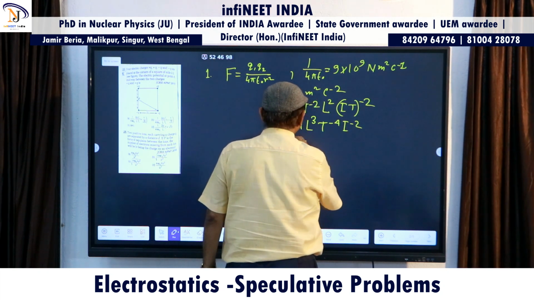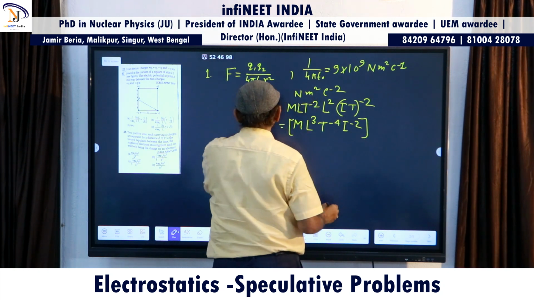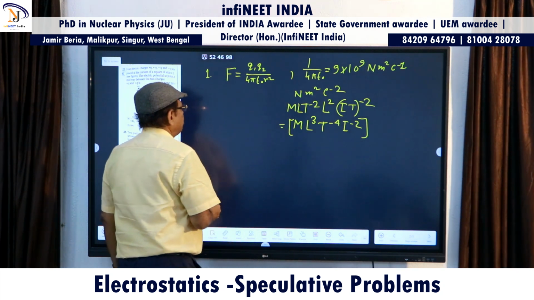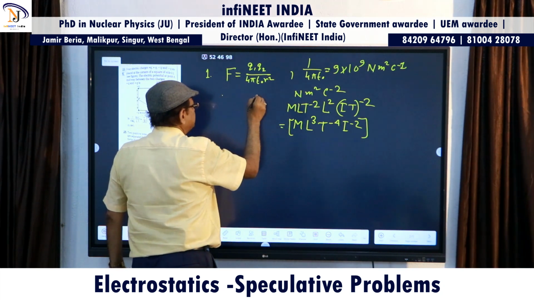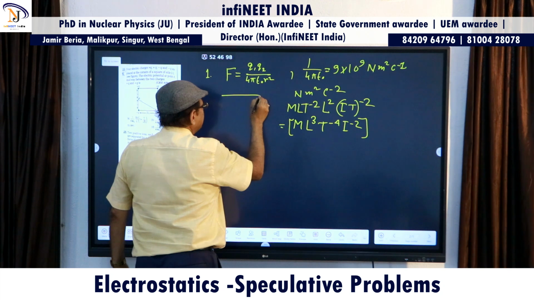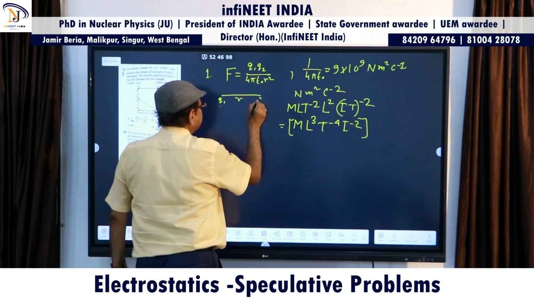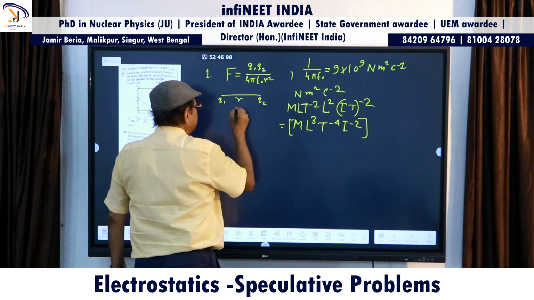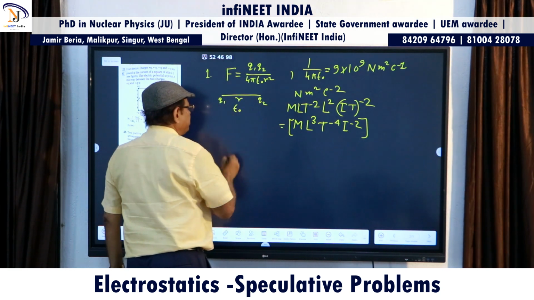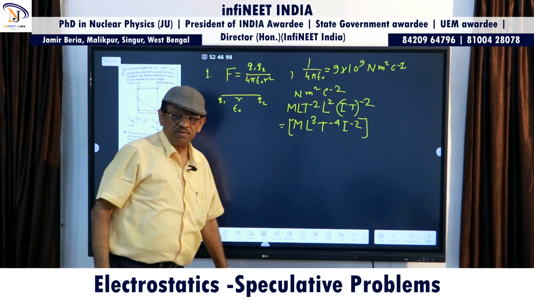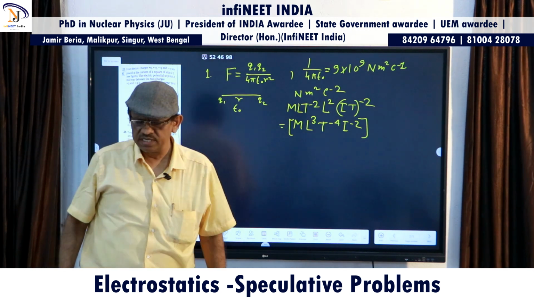This is Coulomb's law. Two point charges are at a distance r apart. This is Q1 and this is Q2. It is in free space. Epsilon naught is called the permittivity in free space.